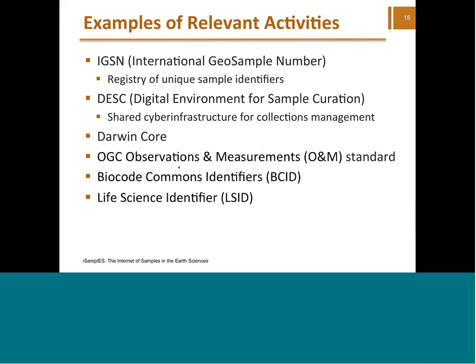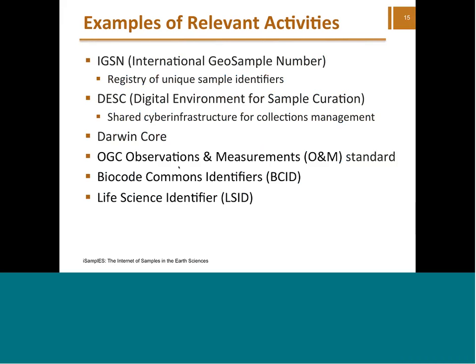There is the IGSN. There is a planning effort ongoing for a shared digital environment for sample curation that would provide a shared solution for collection management of smaller repositories and other collections. The Darwin Core.